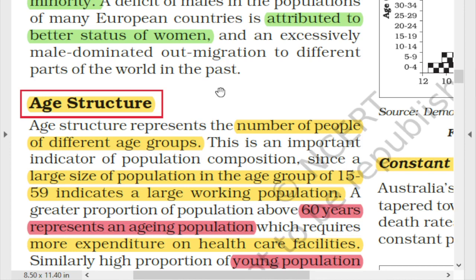As we know, the population from 15 to 59 years is considered the young population, and it is considered the working population. So the age structure of the population is the indicator of the country's economic growth.